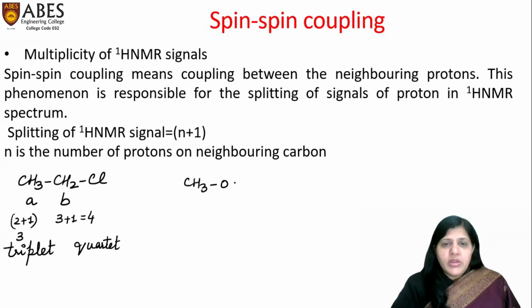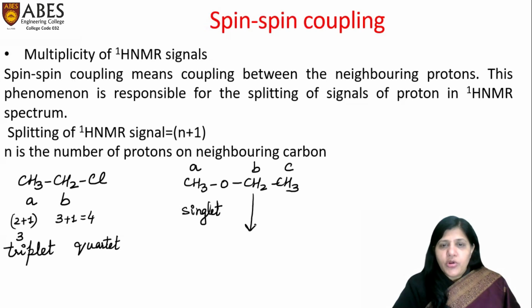One more example. In this ether molecule, there are three sets of protons A, B, and C because of non-similar or asymmetric electronic environment around the protons in the molecule. These sets of protons will be split due to the neighboring protons. A signal will not be split and it is observed as a singlet in the NMR spectrum.